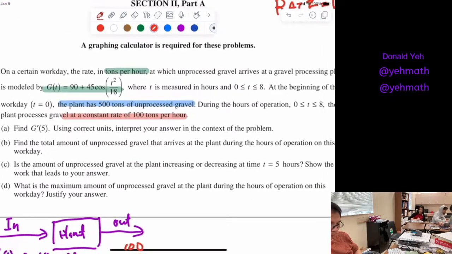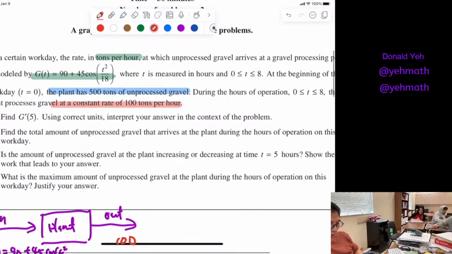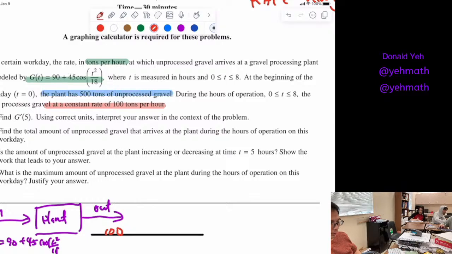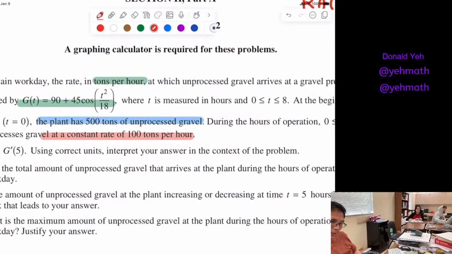Now, what happened is you're gonna answer part A. They say, well, I'm gonna take G prime of 5. So that'll be acceleration, but also understand that this thing right here says tons per hour.